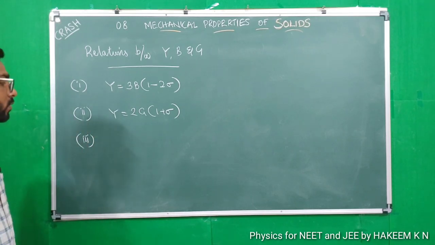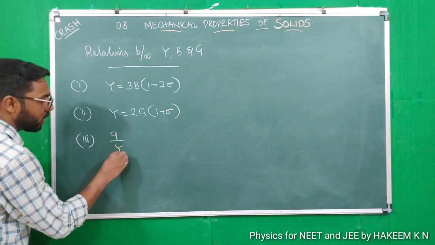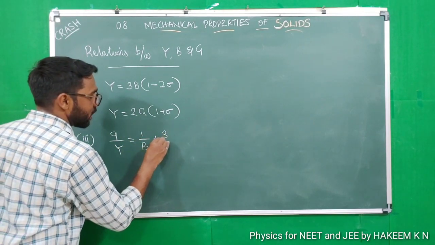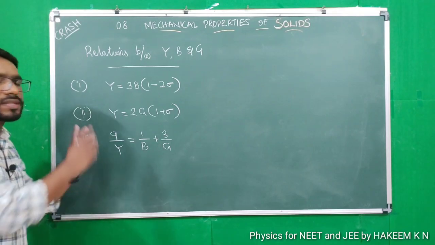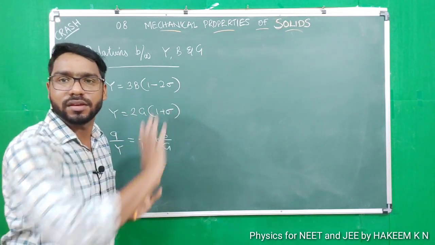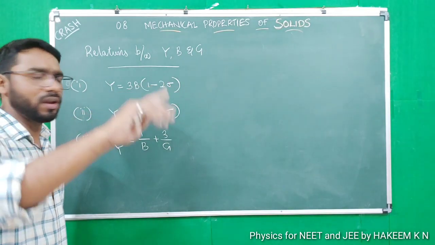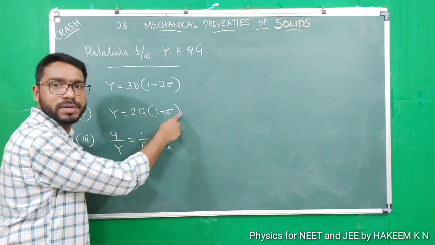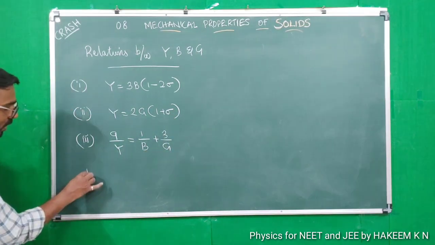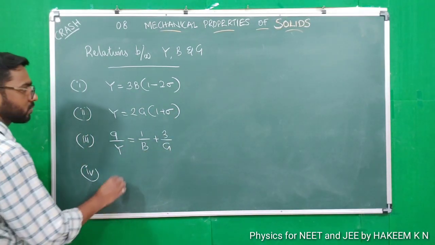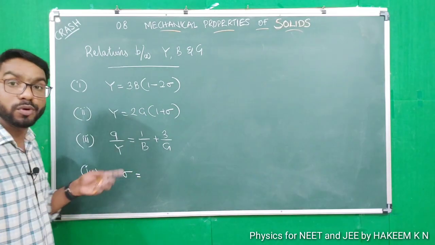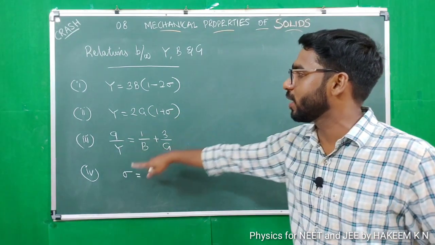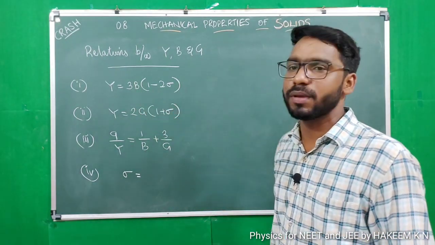Third relation, 9 by Y equal to 1 by B plus 3 by G. These are the relations between Y, B and G. And we will get one more relation by comparing 3B into 1 minus 2 sigma equal to 2G into 1 plus sigma. Then we will get a fourth relation: Poisson's ratio sigma equal to what? From equations 1 and 2, we will get the equation for sigma in terms of G and B. How?